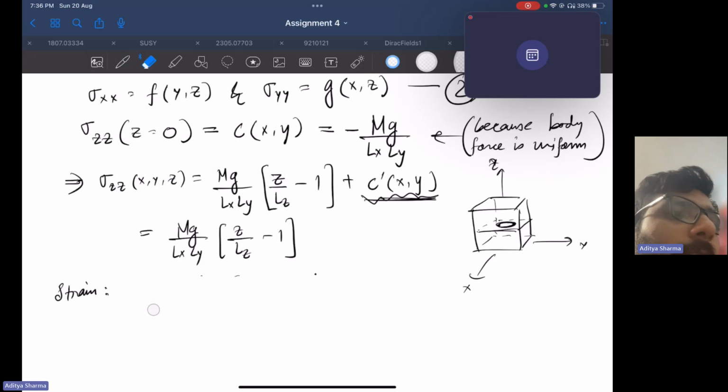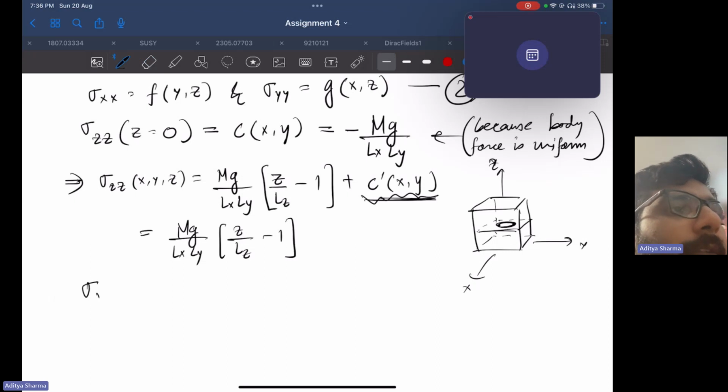Sorry, there's one more thing. There are other direction stresses, but the same argument which I just made applies: the stress in the other direction is also zero.